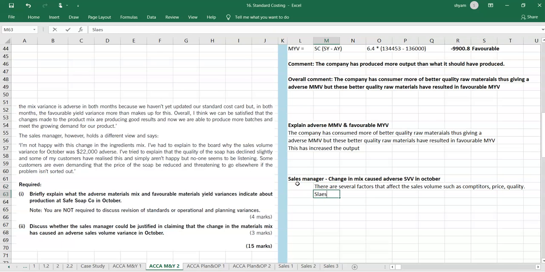The sales manager argues it's only because of the quality that the sales has gone down, right.